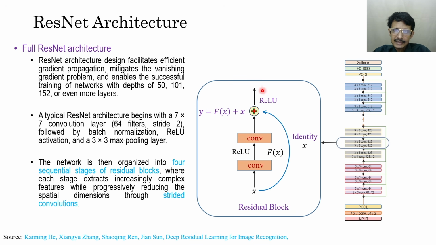If the stride is high, definitely our dimension will be smaller. That is the basic meaning of stride. So we increase the complexity of features while progressively reducing the spatial dimension. Not only do we extract increasingly complex features, but we reduce the spatial dimension through strided convolution. That is another feature.